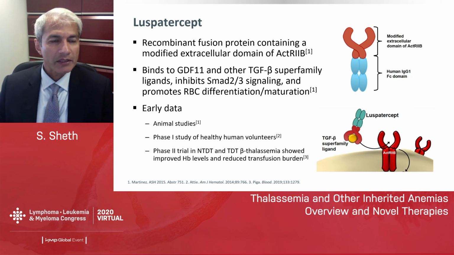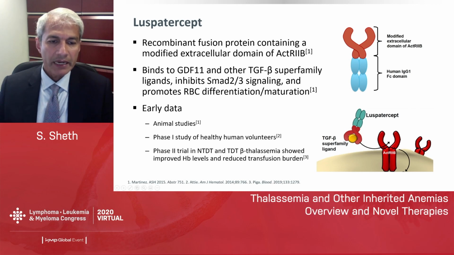So let's focus on luspatercept very quickly. This is a recombinant fusion protein containing a modified extracellular domain of the activin receptor 2B. It binds to GDF11 and other members of the TGF-beta superfamily, and this inhibits SMAD2/3 signaling, promoting erythroid differentiation and maturation.